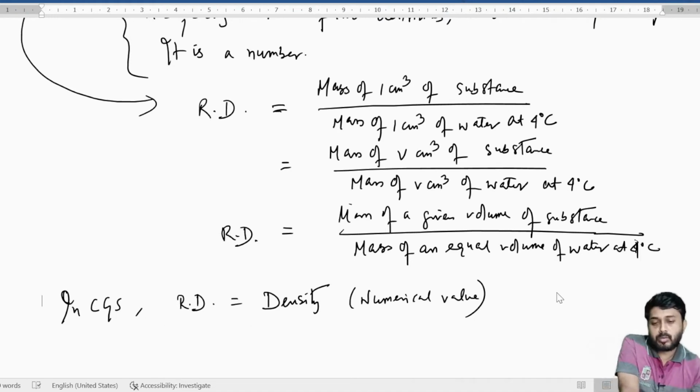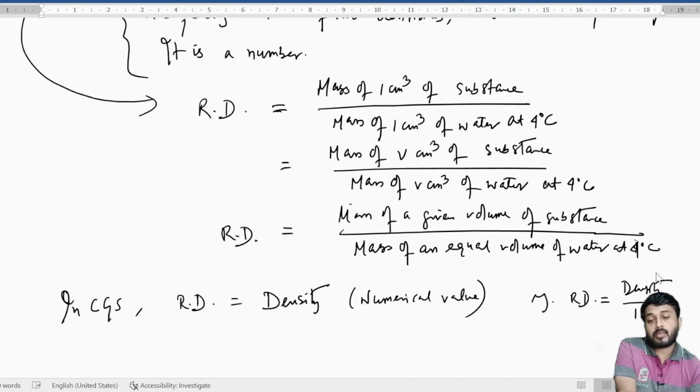Okay, because you know RD equal to density of the substance by density of water at 4 degrees Celsius, which is 1 gram per centimeter cube. So if the density is expressed in CGS unit, then the density of water will also come in CGS unit, which is gram per centimeter cube, 1 gram per centimeter cube. So yes, gram per centimeter cube getting cancelled out to give you RD equal to D.